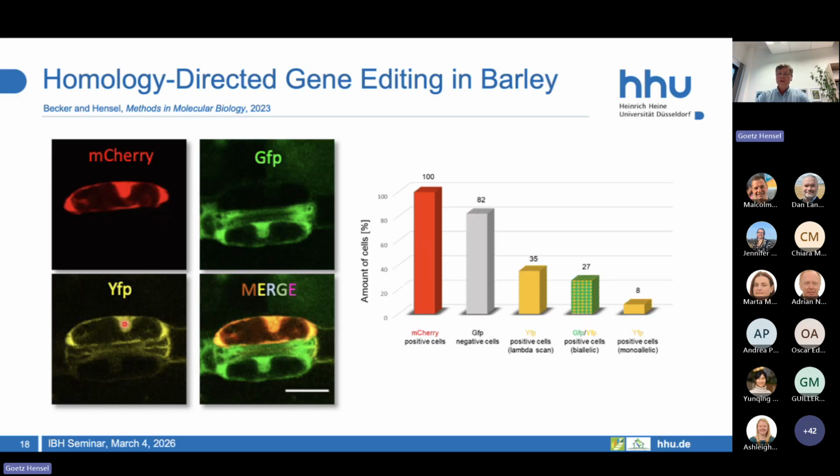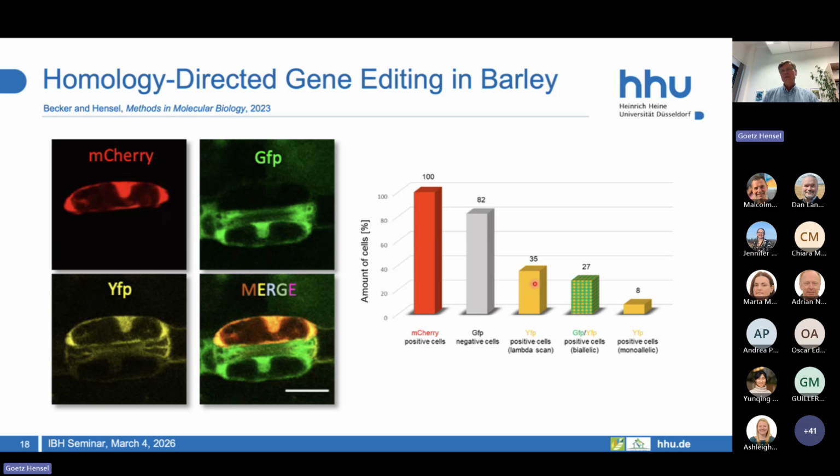And if you then quantify this, here we put the mCherry-expressing cells as 100. So we found that 82% of those mCherry-expressing cells do not have any GFP. So this means we are mutated in the GFP. 35% of those were YFP positive.